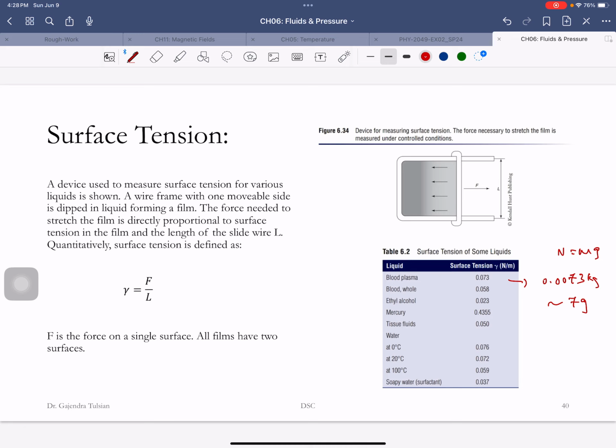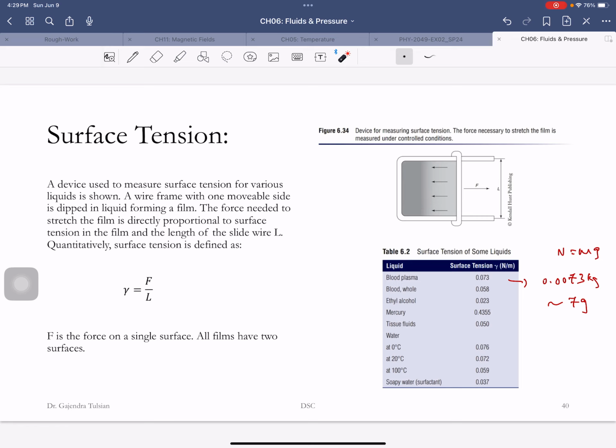So what that number tells you is, if you made a film of blood plasma a meter long, you would have to apply a force of 7 grams to move this movable wire. That's the kind of force you would need to apply, and you need to apply that force because the blood molecules are attracting each other and they want to minimize the surface.